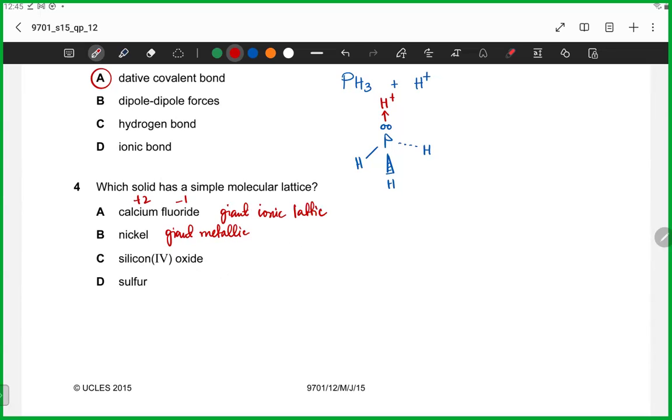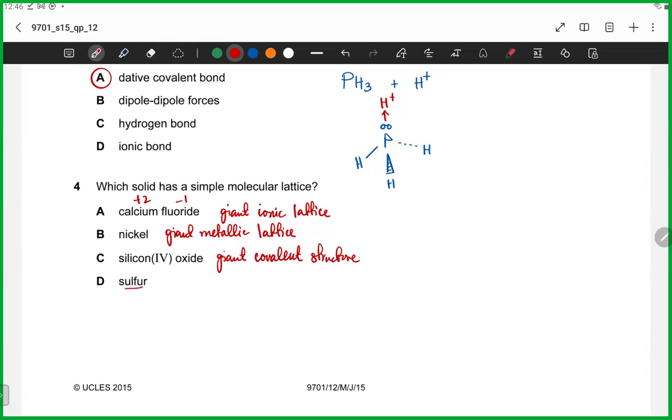Yeah. What about silicon dioxide? Giant covalent structure. Okay, that one is a covalent structure or covalent lattice, right?